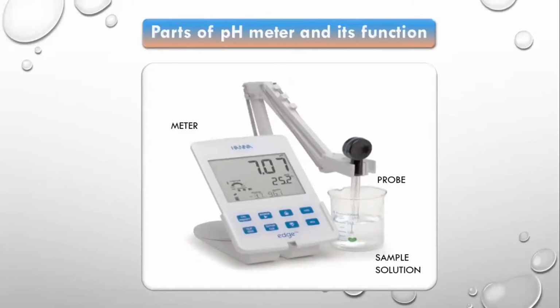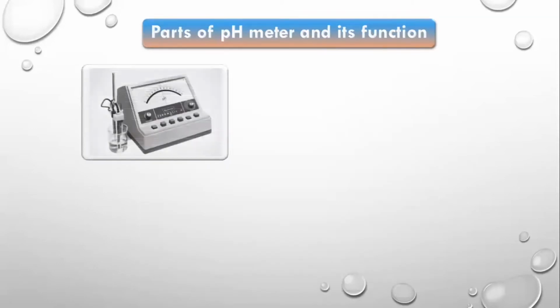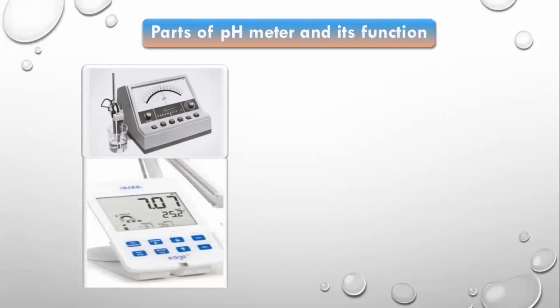Fundamentally, a pH measuring system consists of a meter attached to a probe or electrode and a sample solution to be tested. The meter can be a moving coil meter, one with a pointer that moves against a scale, or a digital meter, one with a numeric display.